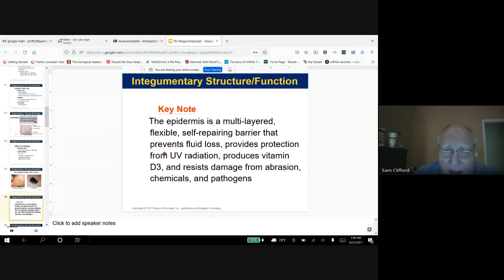It's a self-repairing system. It keeps water from being lost from your internal blood vessels and tissues and so on. It's to protect you from abrasion, protect against pathogens.